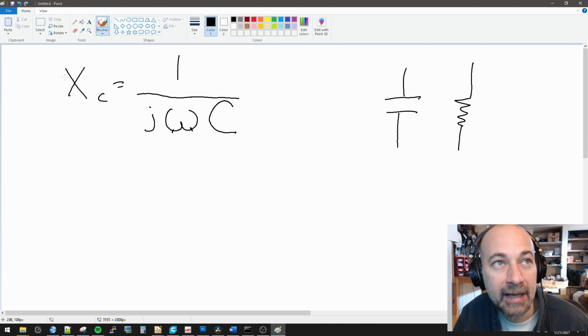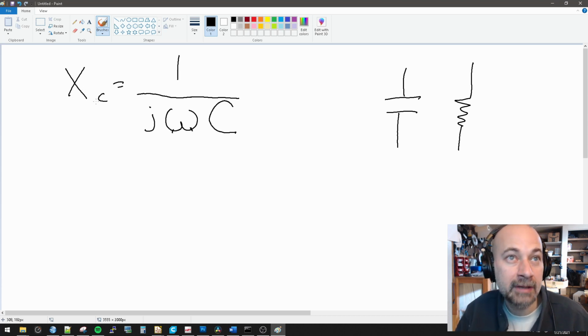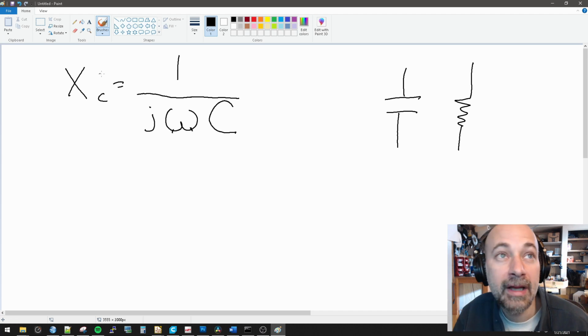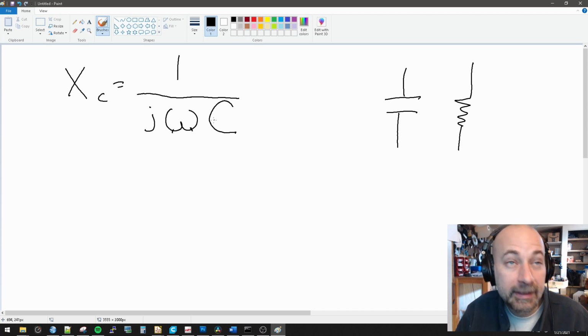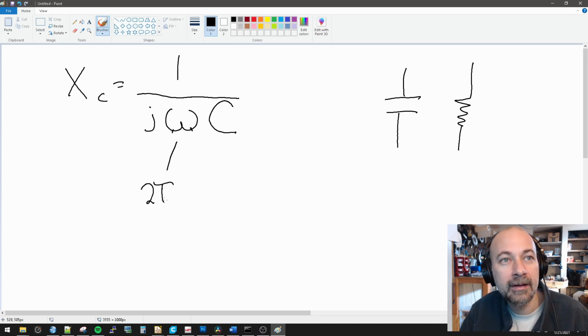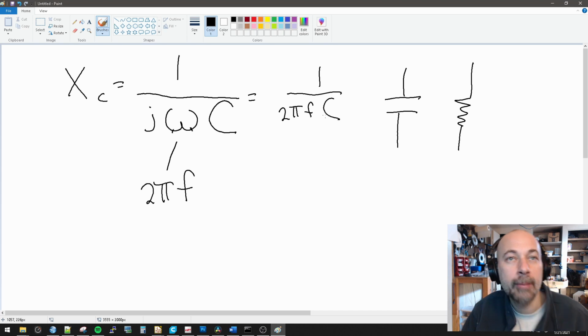So XC is reactance. It's the same thing as resistance, sort of. It's just a way of saying there's going to be frequency in there. Okay, so the capacitive reactance is 1 over j omega C, which omega is actually 2 pi f, f being frequency. So let's rewrite this as capacitive reactance equals 1 over 2 pi f C, C being capacitance.